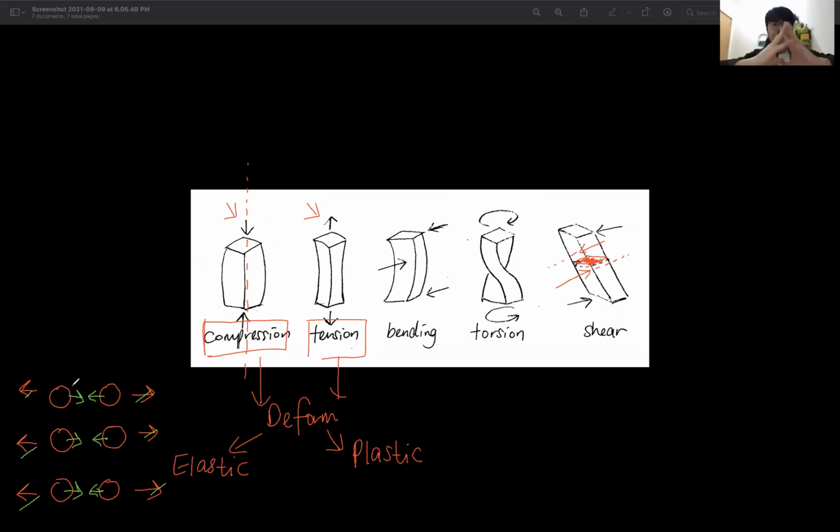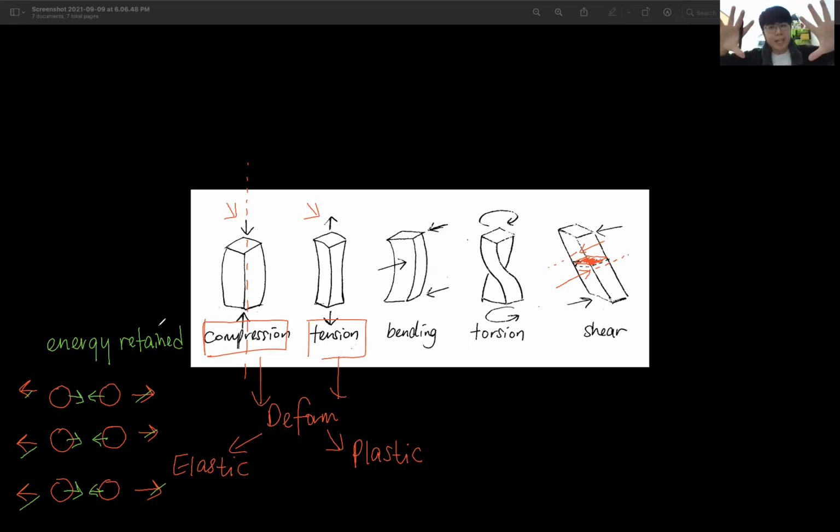Okay, now for elastic deformation, what happens to the energy? Energy is stored, retained. You do work on the spring, you apply tensile stress, you apply tension, then you're doing work, meaning the energy is stored in the spring.